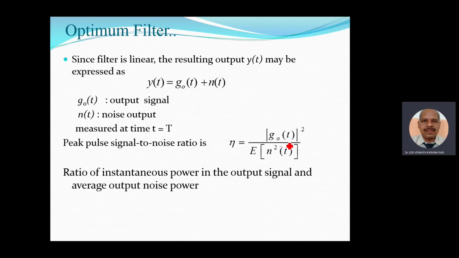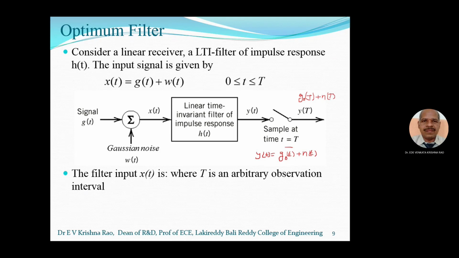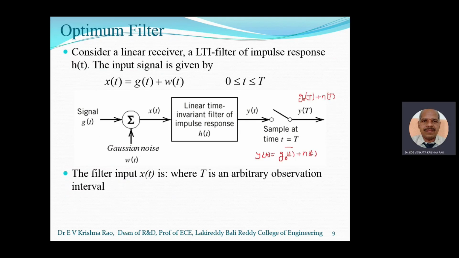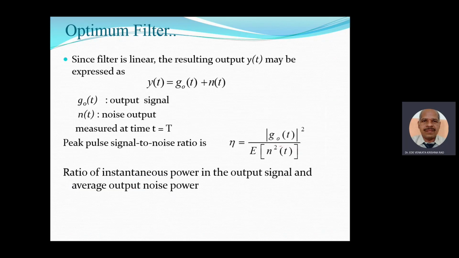We would like to find the signal power from g naught of t. As you know, g naught of t is the product of the input and the transfer function in the frequency domain.